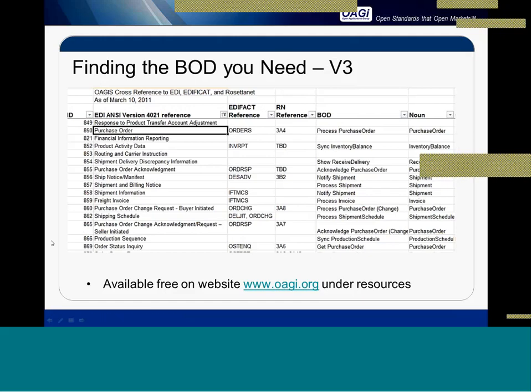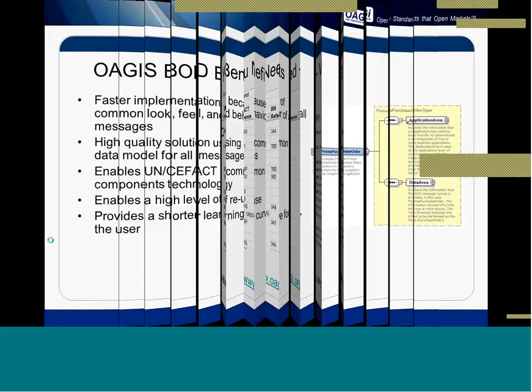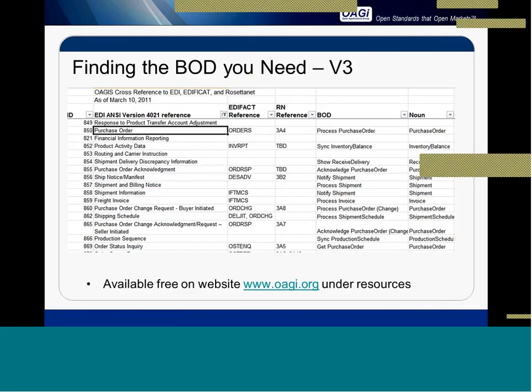The third way, and I'm sure there are others, is that we have a spreadsheet that we've been building up over probably a 10-year period, so there's always a necessary addition for more, where we are cross-referencing EDI, EDI X12, EDIFACT, and RosettaNet messages to the business object documents themselves.